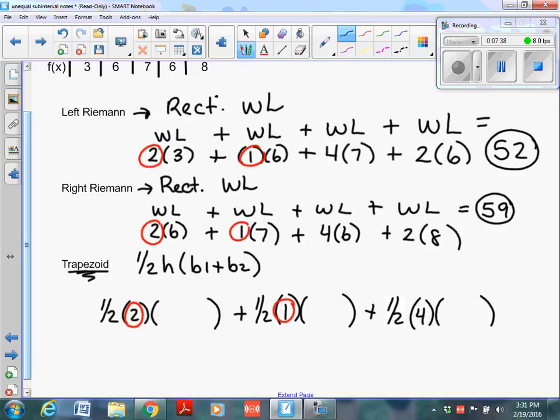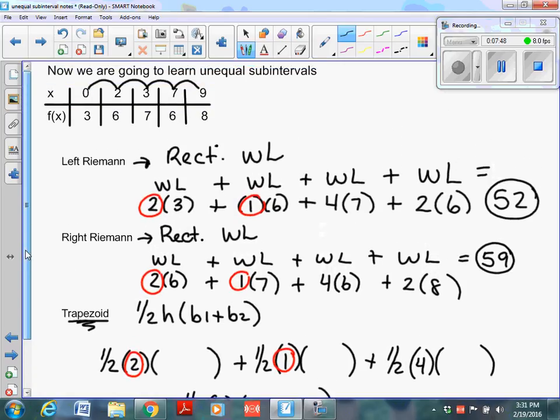And then the last one is going to be 1/2 the height, which ends up being 2, and parentheses. This might be an aha when you look at this, but when you do the trapezoidal, which is between 0 and 2, the height is 2, I need to take 3, and that would be base 1, and this would be base 2, which is 6.